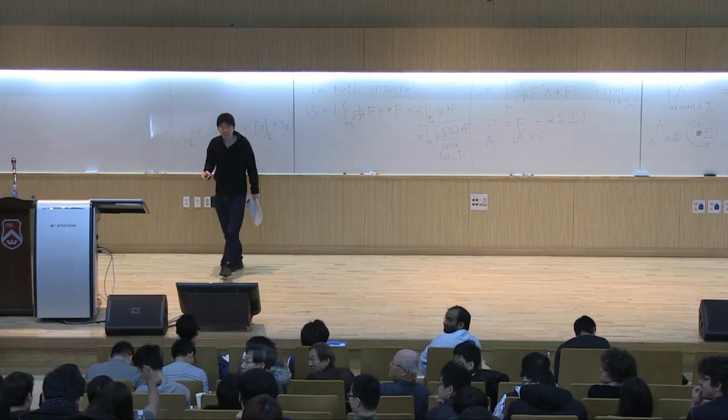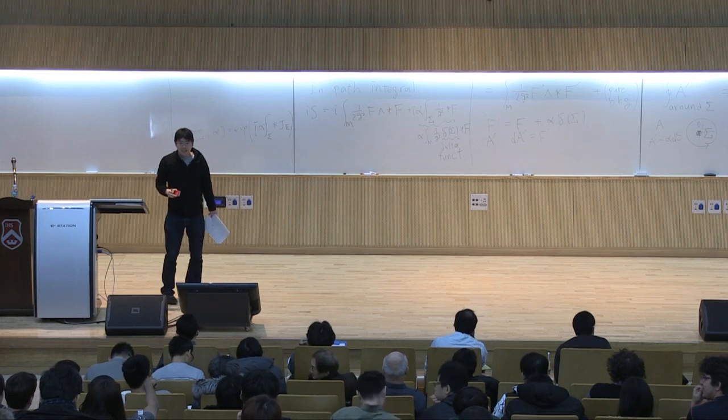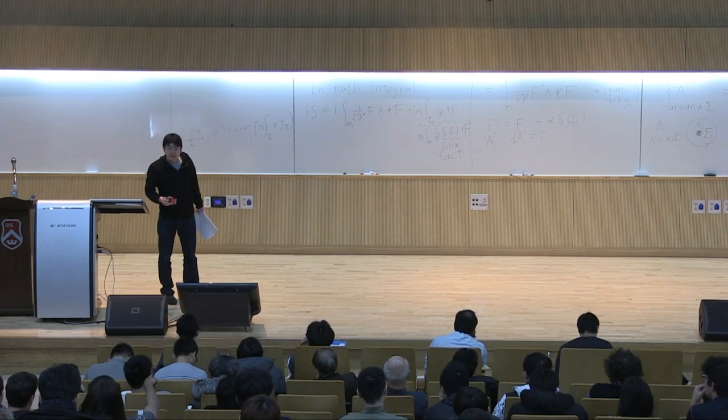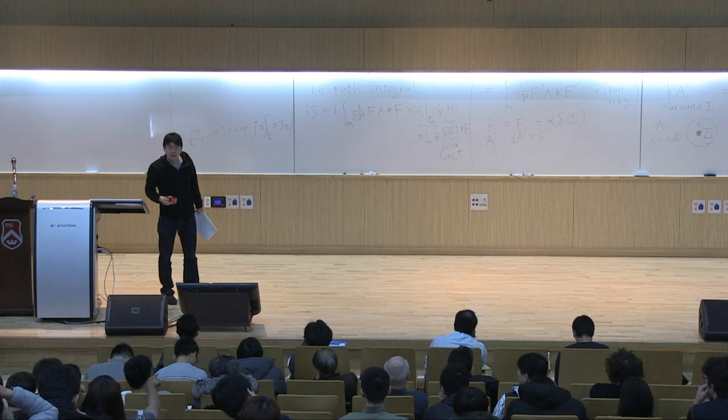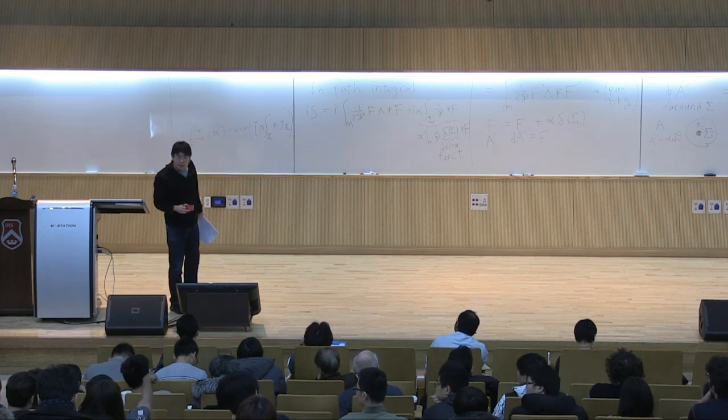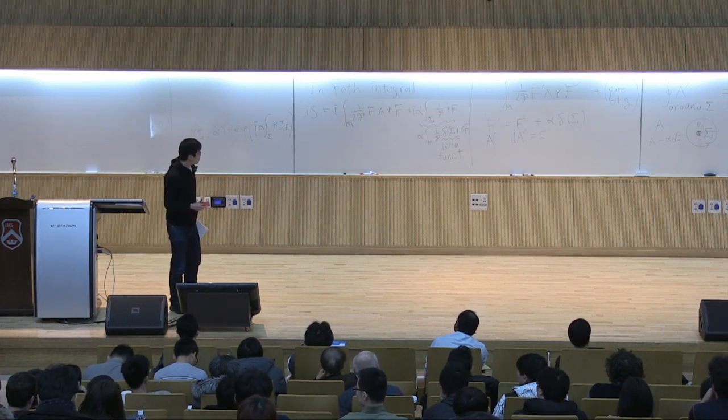Is f prime an exact differential? Is it guaranteed that we can always find an a prime such that dA prime equals f prime? Or in other words, is f prime guaranteed to be an exact differential?